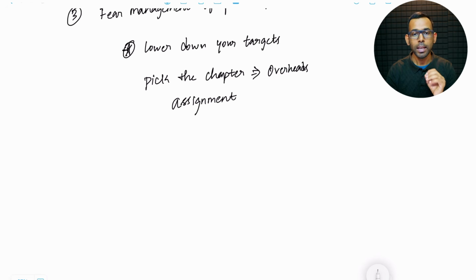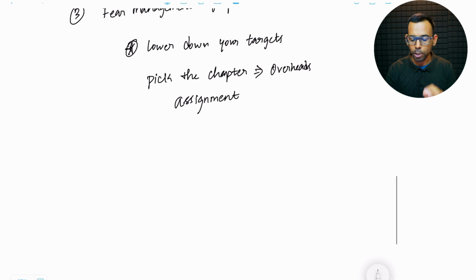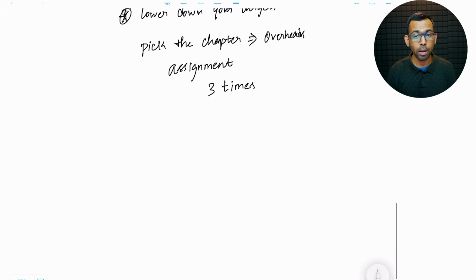So the first thing is you have to do an assignment, but you are not simply going to do it only once. You are going to do it 3 times. That's the key takeaway here. You are going to write the problem by seeing the solution 3 times. How long is the gap in between? Are you supposed to do it back to back in the same day?